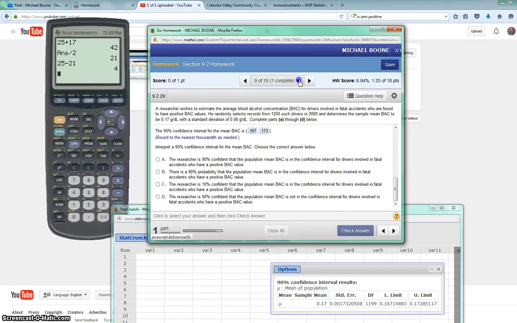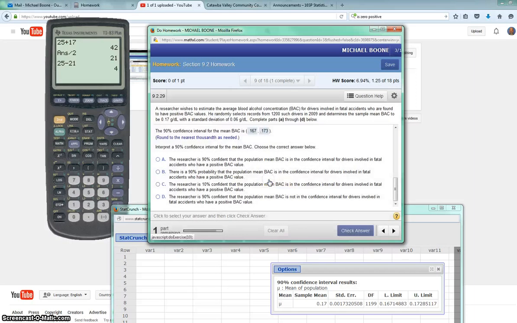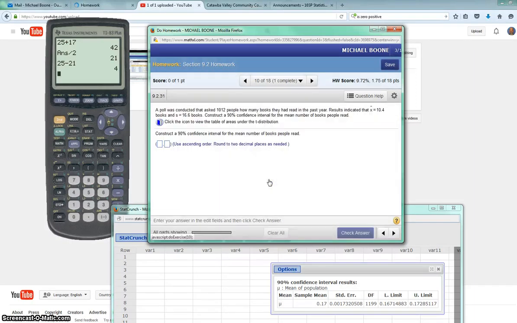And I had one more, number 10, to look at. Number 10 was doing the same thing as far as a confidence interval. So this is our sample size, that's our sample mean, that's our point estimate, and that's the standard deviation. So again, we have everything that we need here to just plug the numbers in and find a lower bound and upper bound.